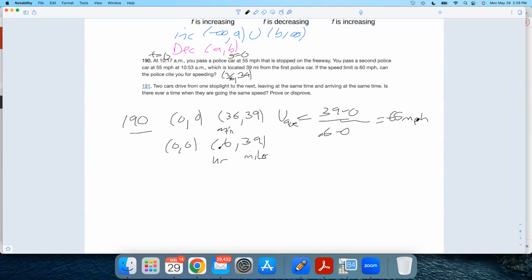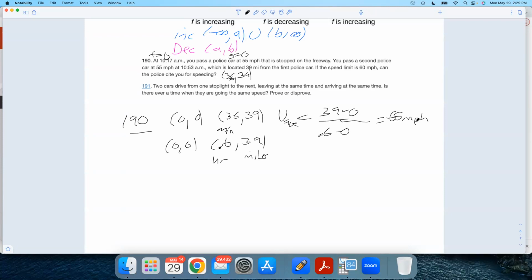How do we know we can use the mean value theorem? First, the function has to be continuous. Position is always continuous. You're driving down the road, you can't teleport from one spot to another. It also has to be differentiable.